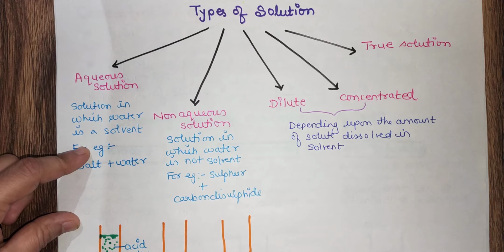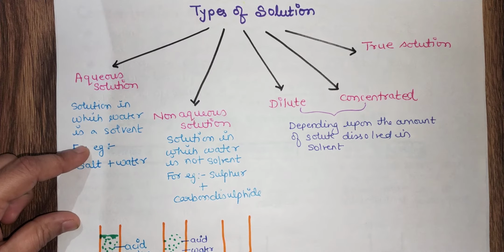If you take a second example in which your acid is in less quantity than water, suppose here if we go on decreasing the amount of acid, then it becomes 8 ml acid and 2 ml water. That means your water is increasing, whereas your acid quantity is decreasing.